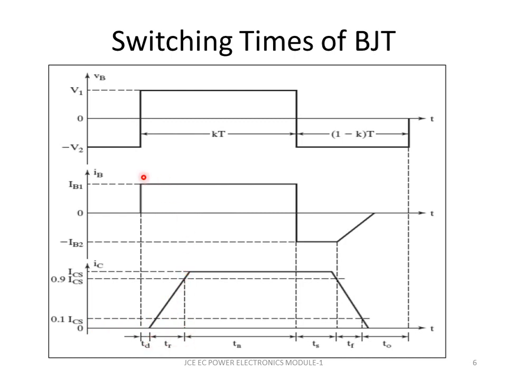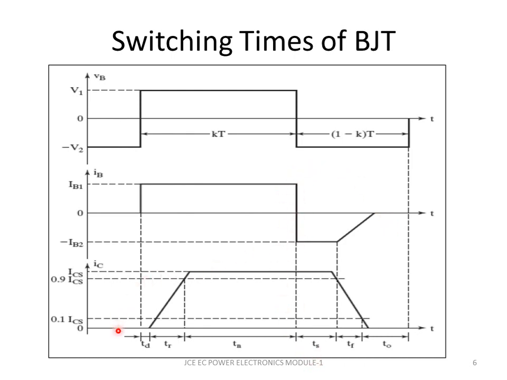After that, you will find that the base current has become stable, steady, and the capacitor effects go away, and the collector current will simply follow the base current. Are you getting this? Then what happens? We will see what happens during the negative, that is when it is turning off.